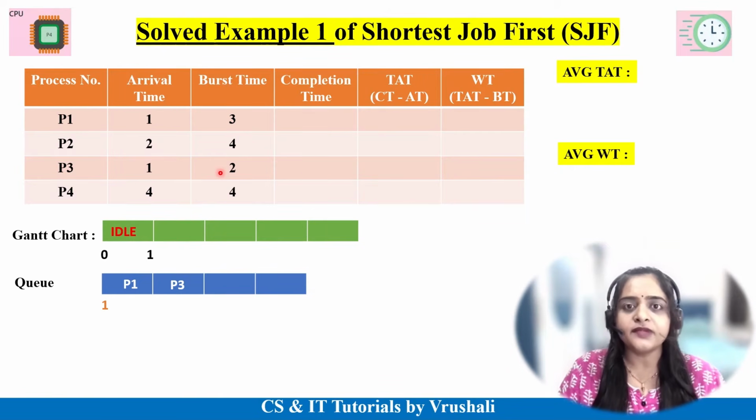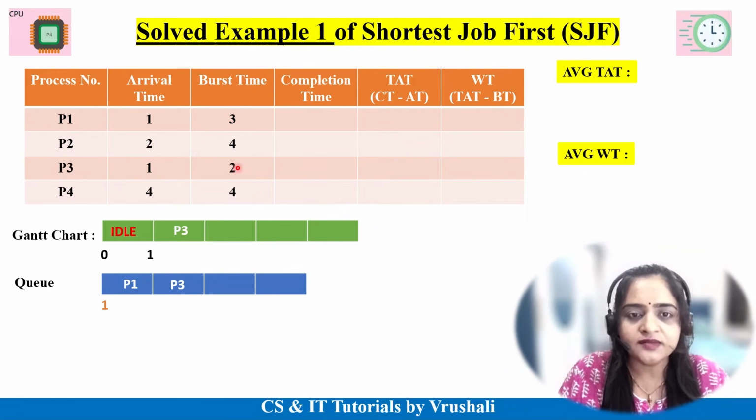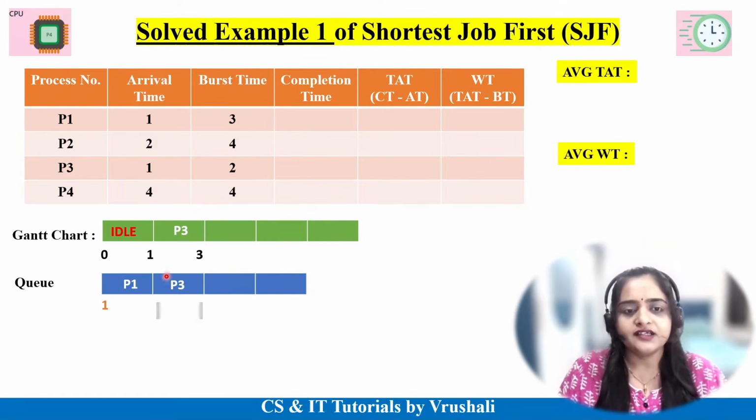They execute a particular process as per the shortest burst time. What is the burst time of P3? 2. So 2 plus 1, that is 3. Means from the queue your P3 process has executed, right?